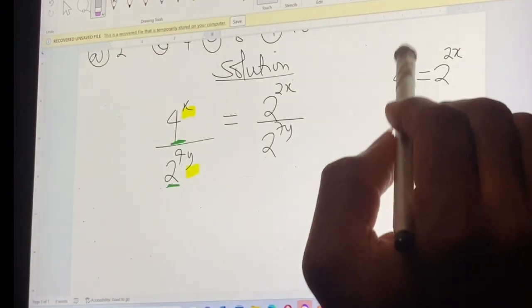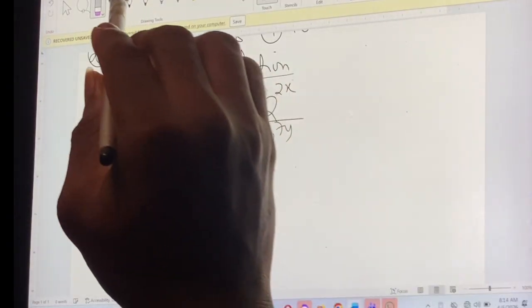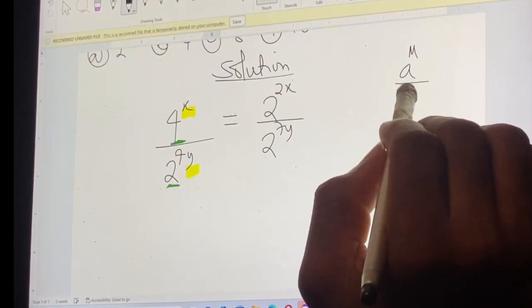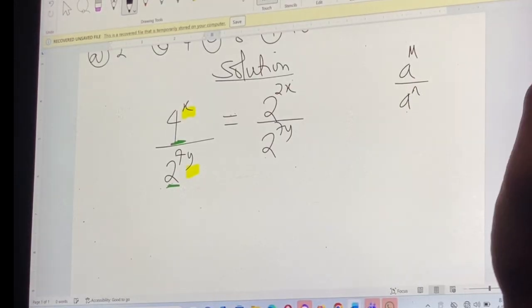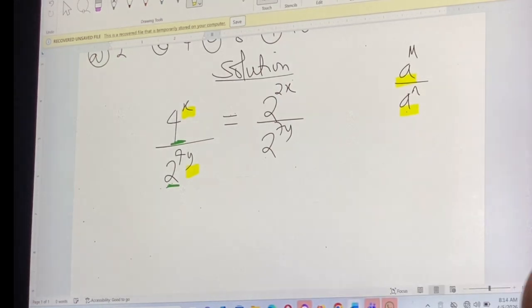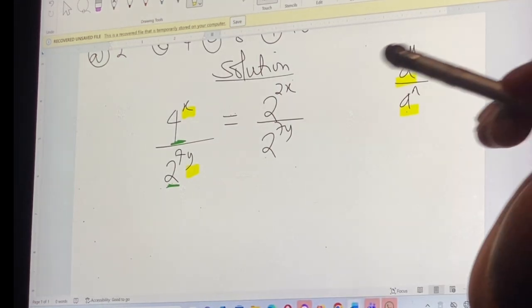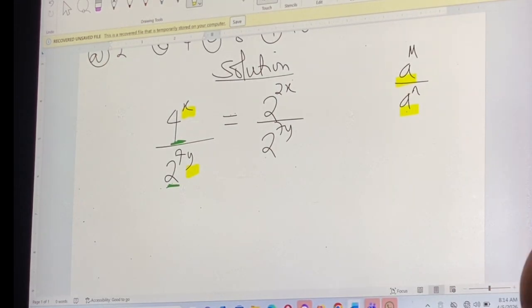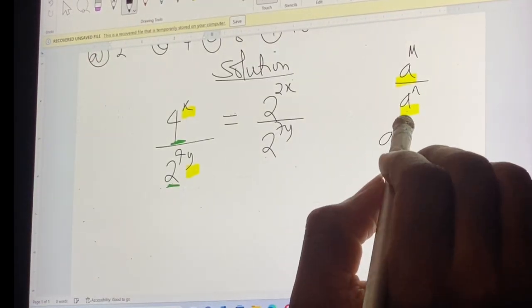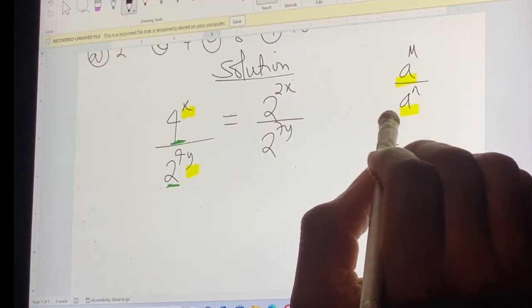Also, from the law of indices, we all know that if I have a raised to the power of m over a raised to the power of n, from the law of division, this and this are of the same base. I'll take only one base here and solve on their powers. So I have a raised to the power of m here.